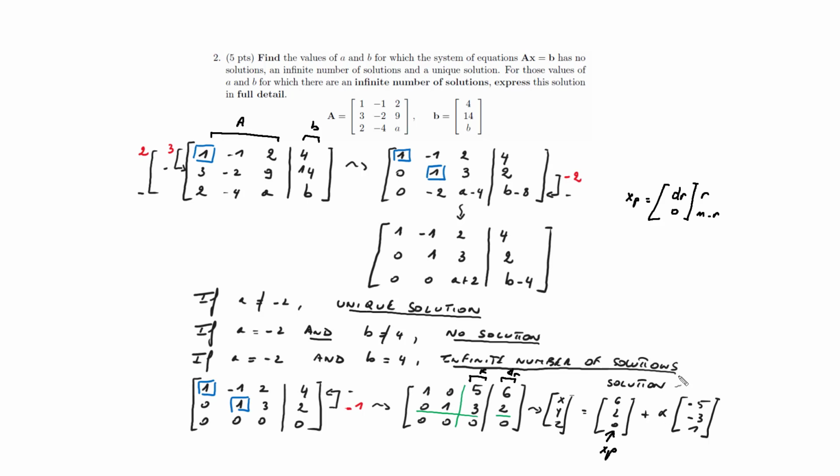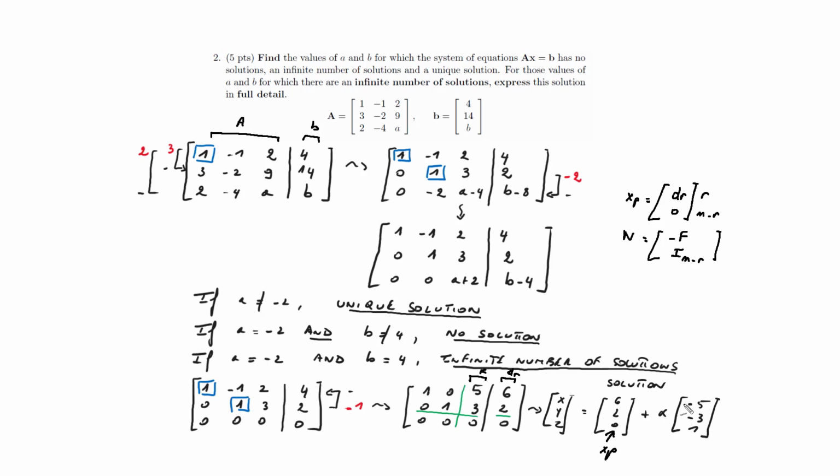And then we have to add a linear combination of the columns of N. And N you obtain simply by taking minus F, and then you put an identity matrix of dimension n minus r. N minus r in this case is 1, simply a scalar, and F is given over here.